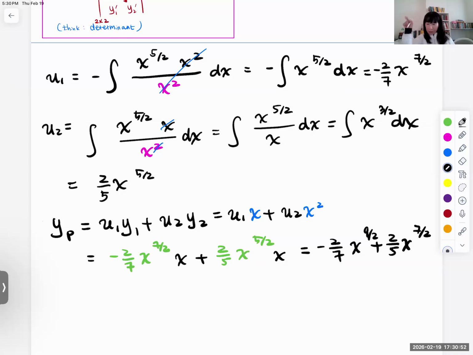Did I make a mistake? 7 over 2. Oh, sorry, I made a mistake here. It is x to the second power here. X to the second power. So second power, so 9 over 2 as well. Yeah, 9 over 2.